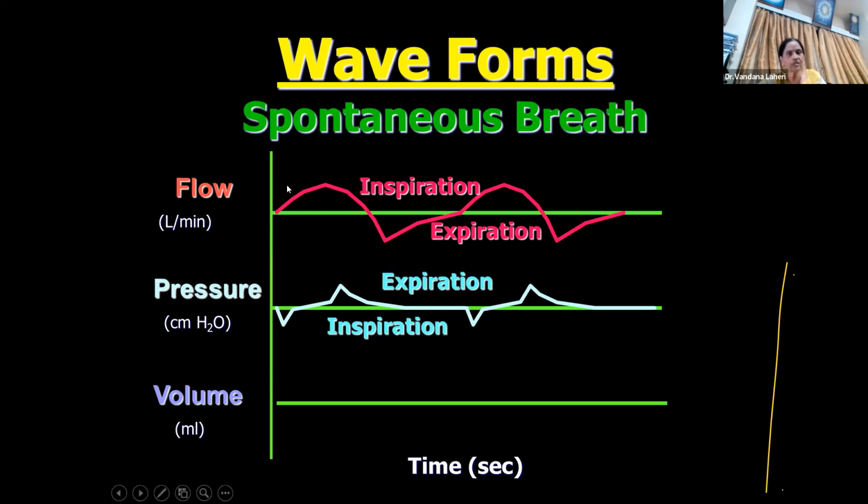This is inspiration. The flow rises, reaches a peak, falls. This is the peak inspiratory flow rate. Then here the inspiration ends, the expiration begins. The flow is in the reverse direction. Can you see? The flow increases and then reduces, but in the reverse direction. So this is expiration.